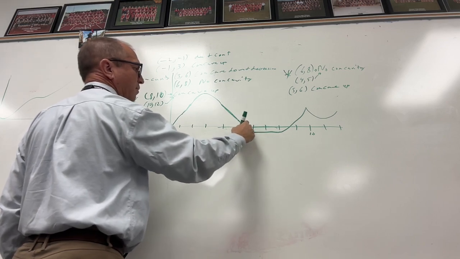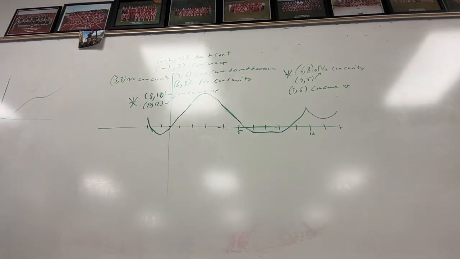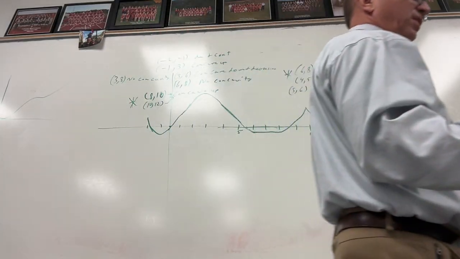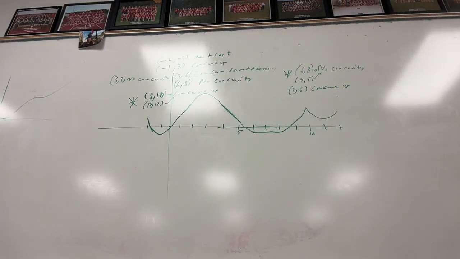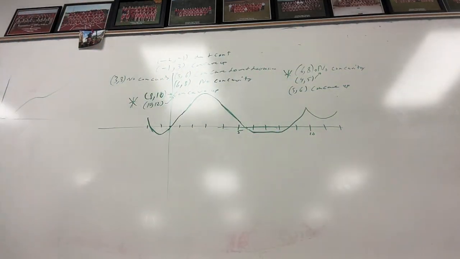I didn't do a good job of graphing it. But what from the graph that they give you tells you that the graph is concave up? Yes. The slope is positive, so it's increasing.